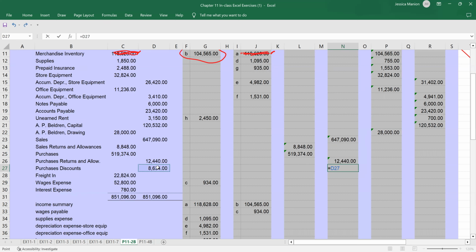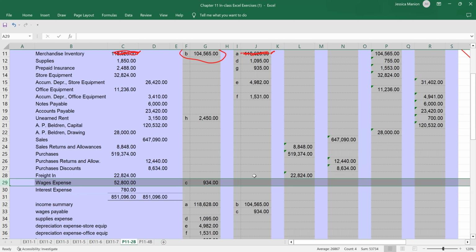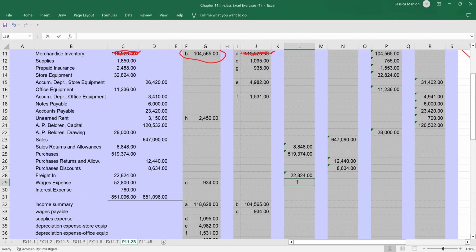Purchase discounts, no adjustments, still 8,634. Freight in, no adjustments, still 22,824. Wage expense, though, did have an adjustment. So wage expense started with a debit balance of 52,800. We debited or added another 934, so wage expense is up to 53,734. Interest expense, no adjustment.